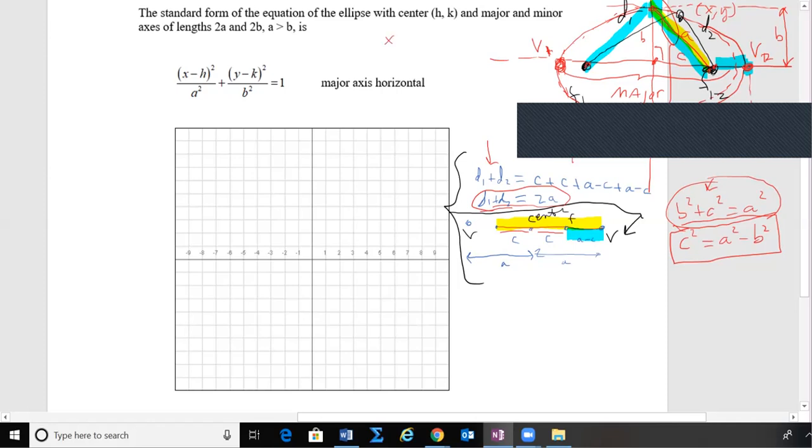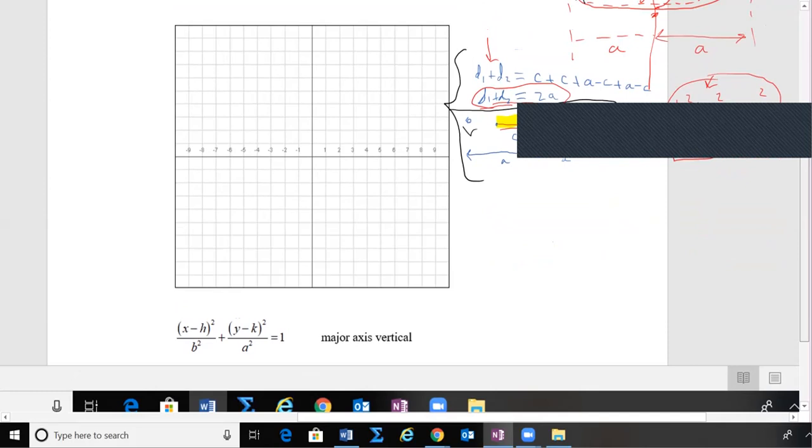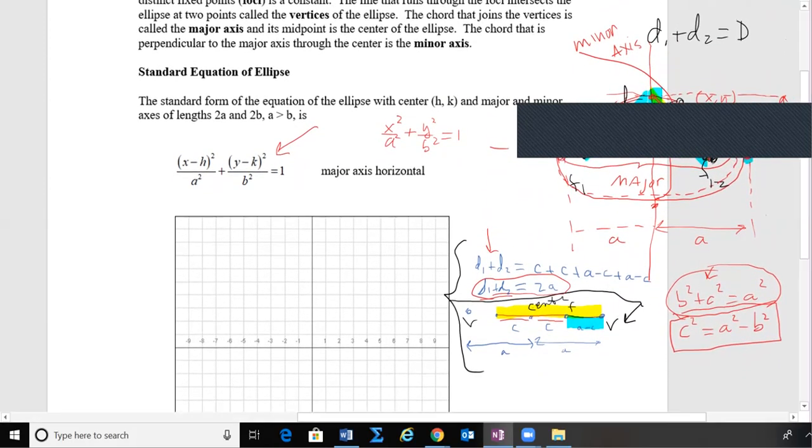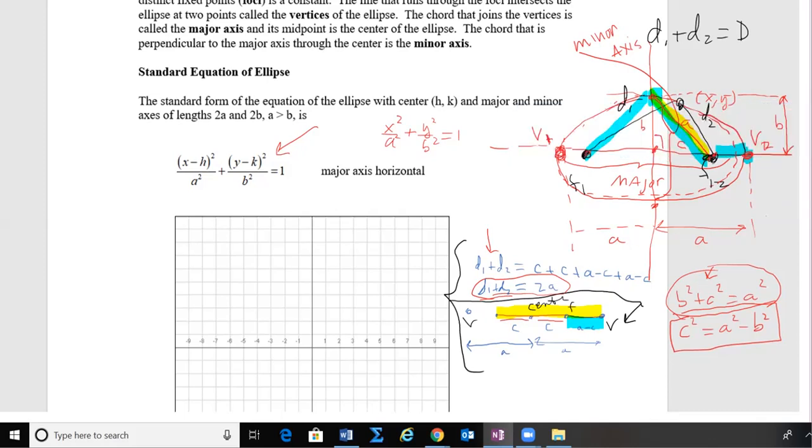You can generate it for the center at the origin, and then from that point you can translate your center in the x direction and y direction to arrive at this one here. I'm not going to go into all that detail here, but it is based on the distance formula and some tedious algebra.